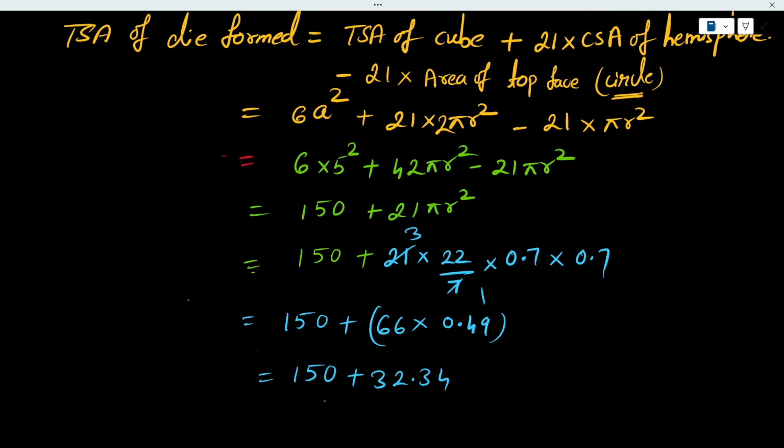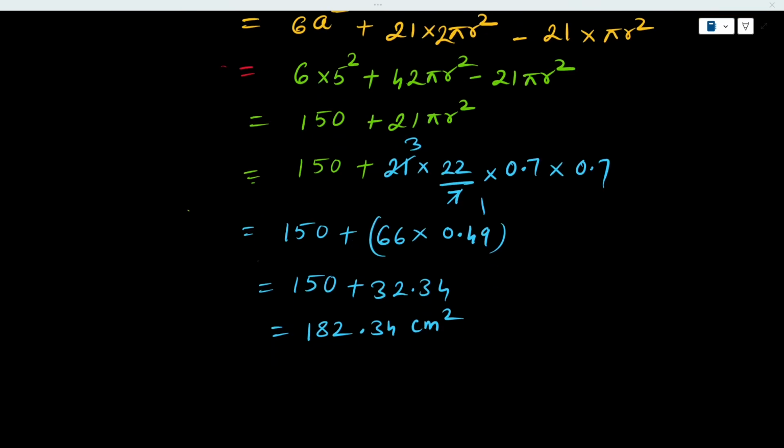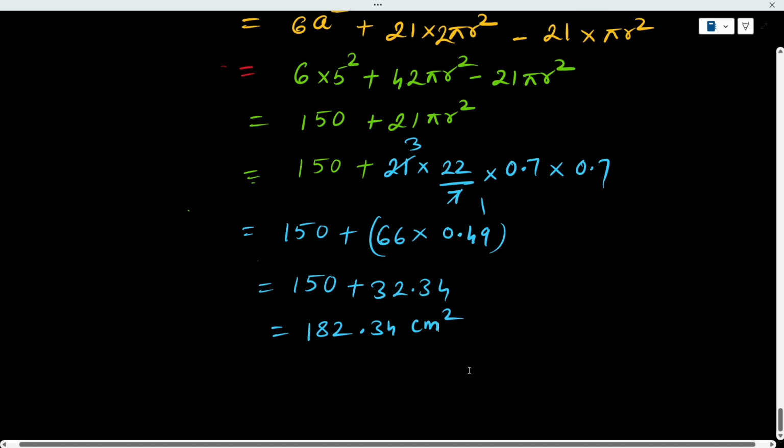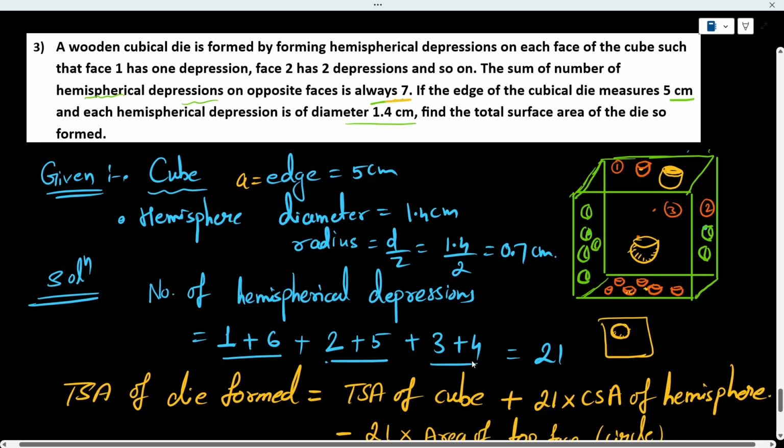So your total surface area is going to be 182.34 square centimeter, because it's a total surface area, right? So your answer is 182.34 square centimeter, which is the total surface area when you are removing hemispherical depressions.